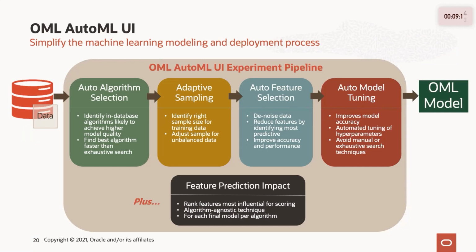And then finally, we get to auto model tuning, which is: let me improve the accuracy of that model by making the slightly minor changes or adjustments that I would give to this model, right? And at the end of the day, we also run a feature prediction impact, ranking all the features by how influential they are for the scoring itself, right?